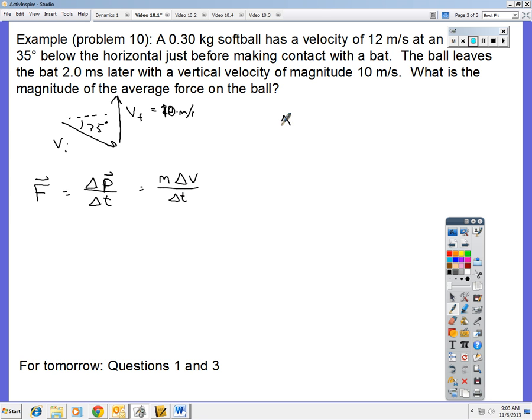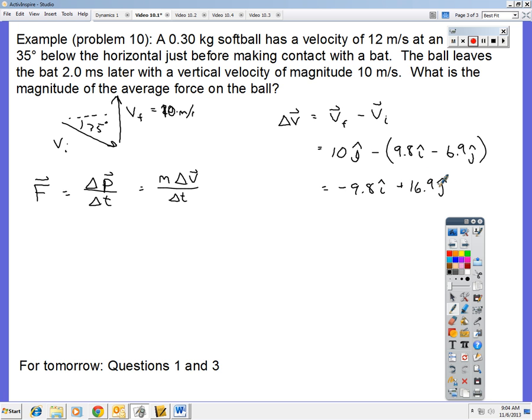So delta v as a vector is equal to vector v_f minus vector v_i. v_f is 10 j hat. v_i, if you break it up into components, ends up being 9.8 i hat minus 6.9 j hat. So we get negative 9.8 i hat plus 16.9 j hat is the change in velocity.